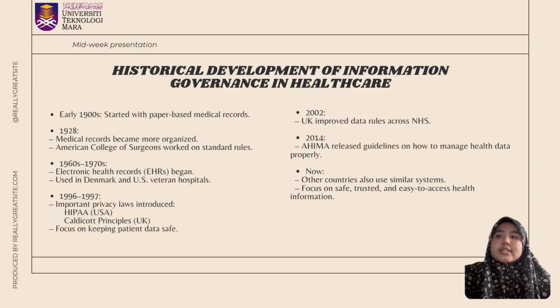Moving forward to the 1960s and 1970s, electronic health records, or EHR, began to emerge, especially in places like Denmark and the US. By the late 1990s, privacy became a major concern. The United States introduced HIPAA in 1996 and the UK followed with the Caldicott Principles in 1997. Both focus on protecting patient confidentiality.